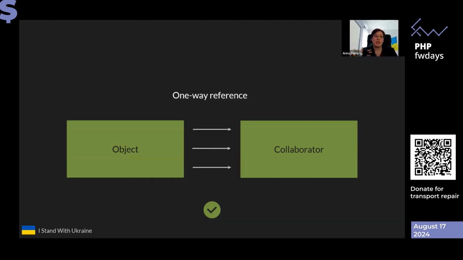Let's say an object has a property and you change that property to something else, and then you call the collaborator and it gives you a different result because it relied on the object to provide some kind of logic, which means it's much harder to rely on the collaborator. It's much harder to keep that state in your head, figure out what's going on and predict what the collaborator is going to provide as a response. So having this one-way reference just makes it easier to reason about what's going on under the hood.